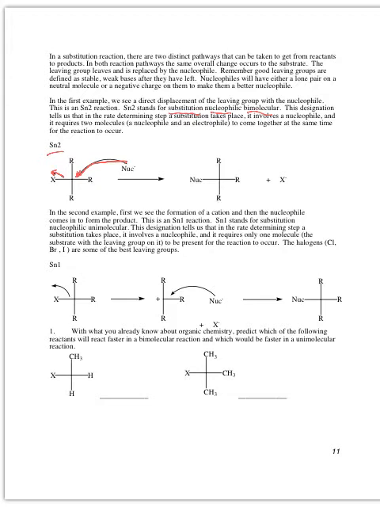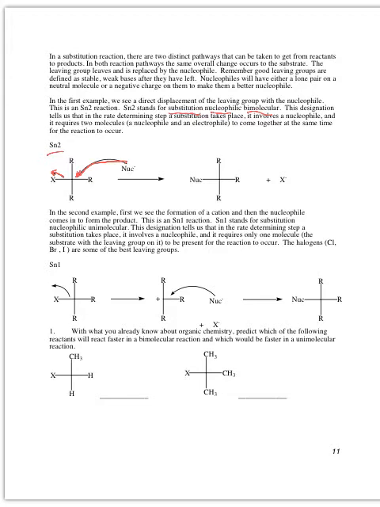Since there's only one step in this example, it has to be the rate determining step. The nucleophile comes in, the leaving group leaves, it all happens at once. The nucleophile and the compound with the leaving group have to come together to form the product. So, bimolecular.